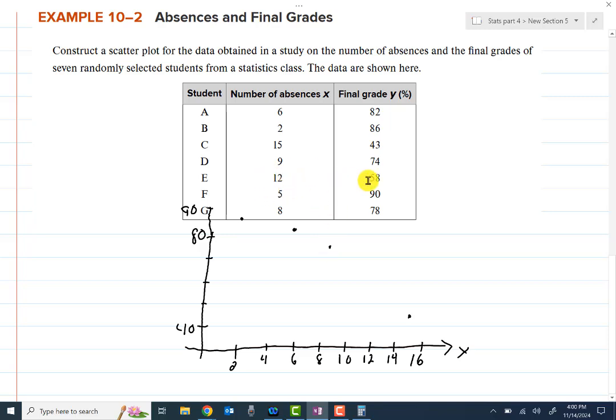Then we have 12, 58. So 12 is right here. Move up to 50 and almost to the next level. Dot. 5 and 90. 5 is midway between those two, and it goes to the highest level. Put it right about there. And then finally 8 and 78.